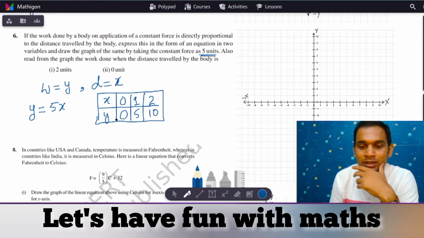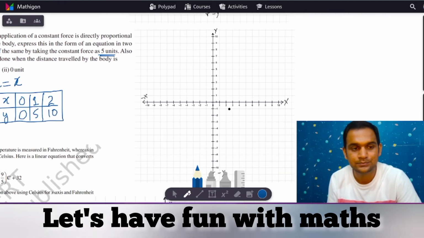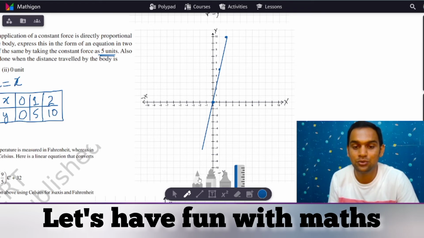Yes, that is how the equation goes. So we plot it on the graph. The first point, 0, 0, is here, the second point, 1, 5, is here, the third point, 2, 10, is here, and our graph looks like this. Yep, it is passing through the origin.